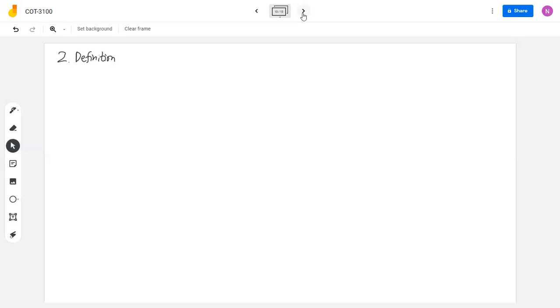So you can imagine that the best way to define a relation is using the Cartesian product: the relation is a subset of A cross B.